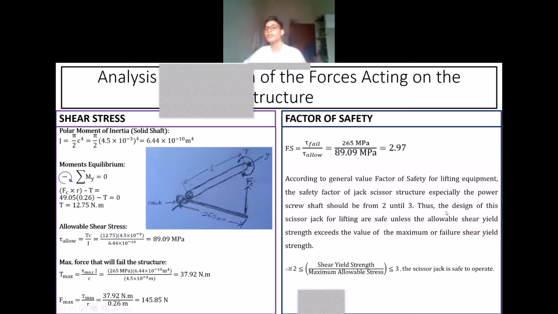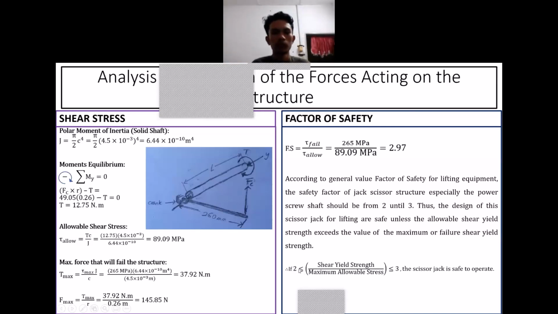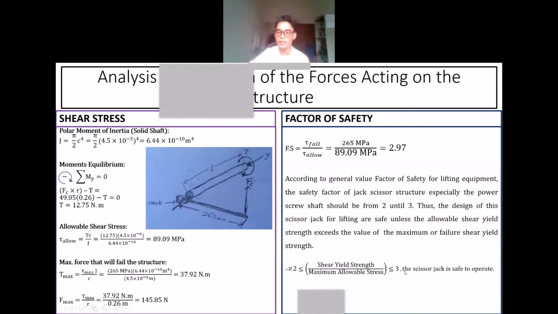Thus, the design of the scissor jack for lifting is safe unless the allowable shear strength exceeds the value of the maximum or failure shear strength. So we can conclude that if the failure shear stress divided by allowable stress is between 2 and 3, then the scissor jack is safe to operate.